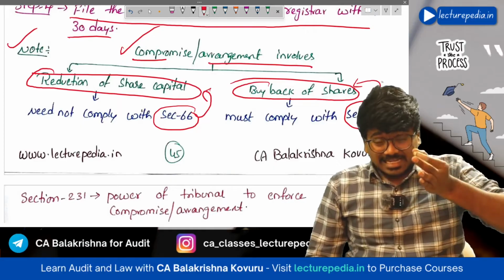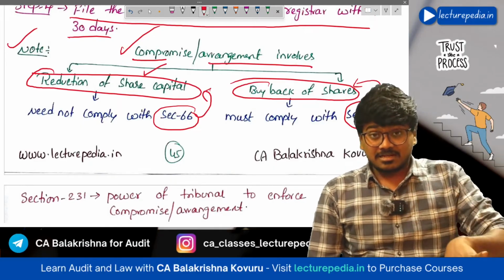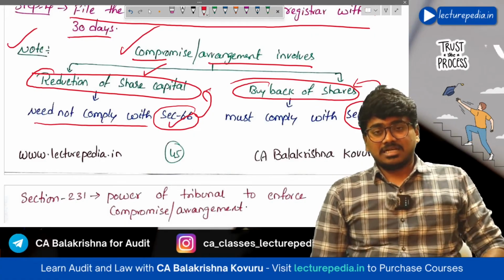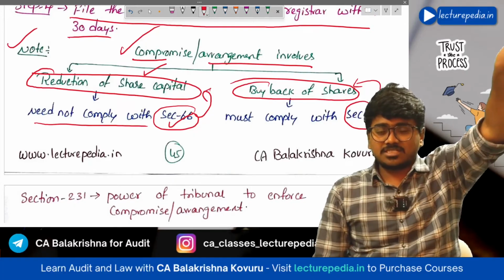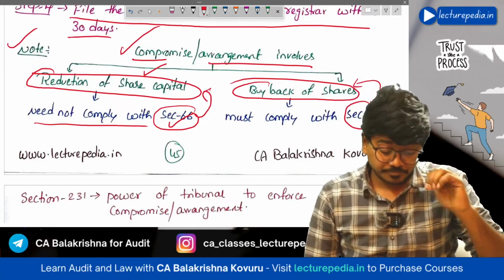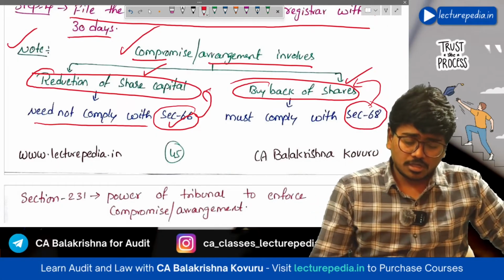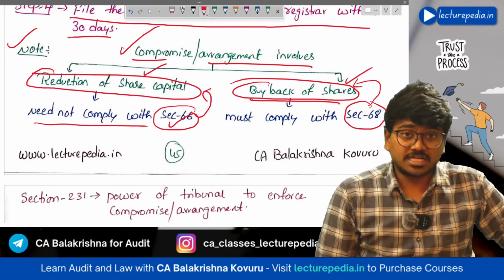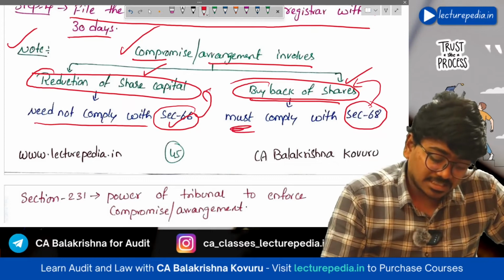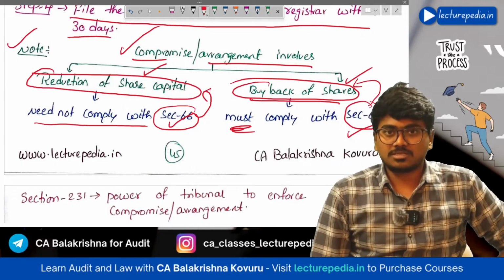Now, if the arrangement involves reduction of share capital, then the company need not comply with section number 66. It is sufficient if it just complies with this process of section number 230. Okay. Next, if the compromise or arrangement involves buyback of shares, then the company must comply with section 68 along with this section 230. Hope that is clear. Okay.